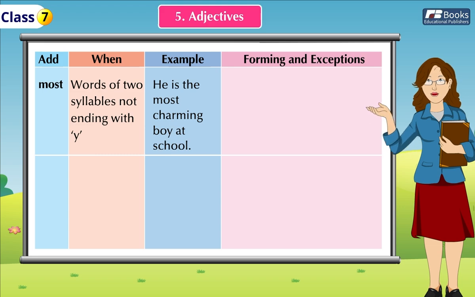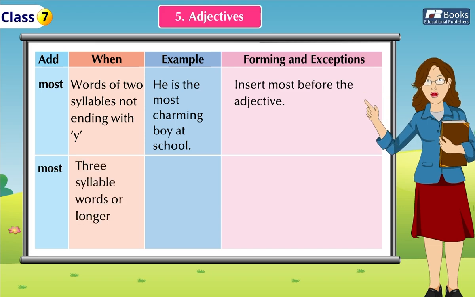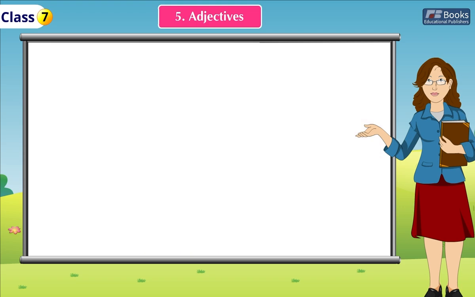Forming and exceptions: insert most before the adjective. Add most when words are 3 syllables or longer. Example, this is the most powerful story. Forming and exceptions: insert most before the adjective.